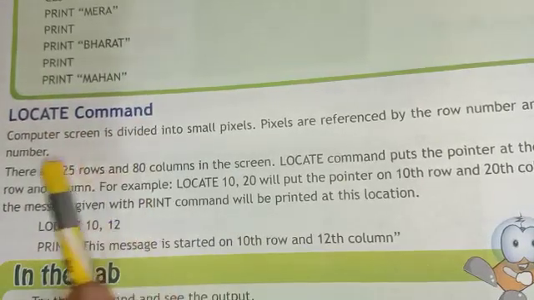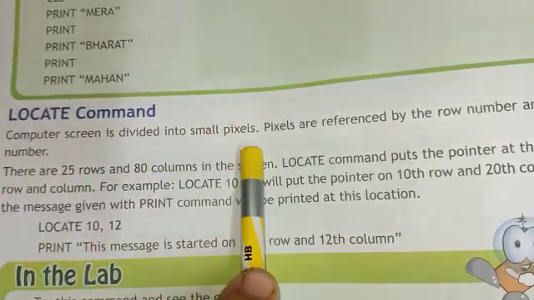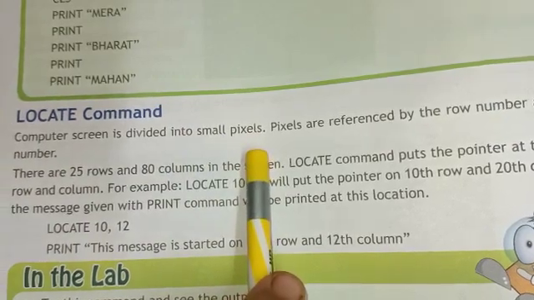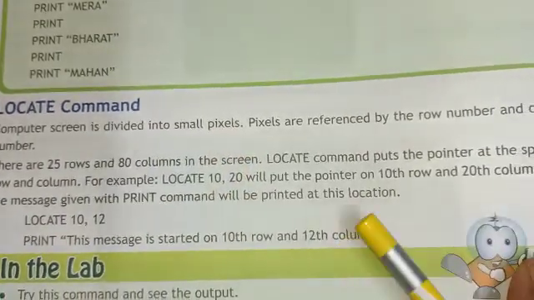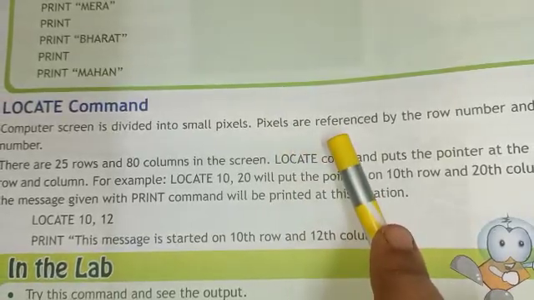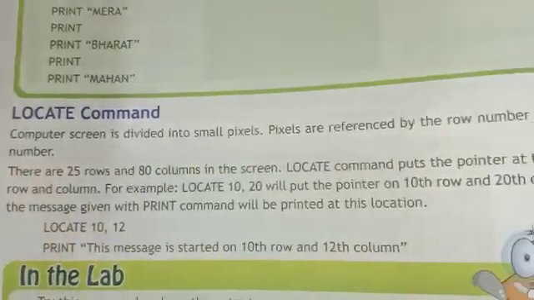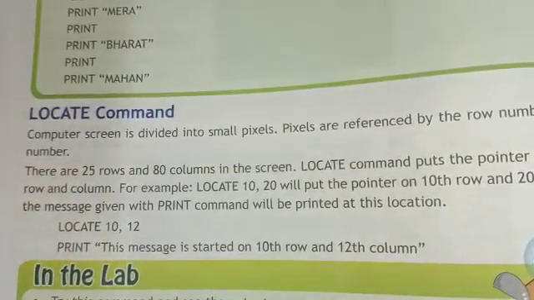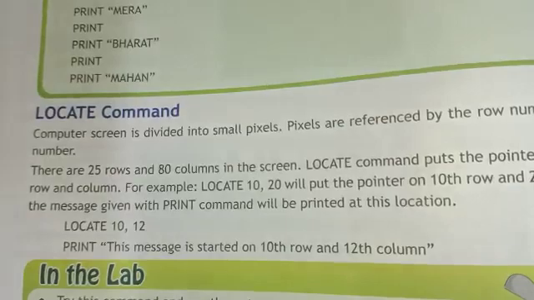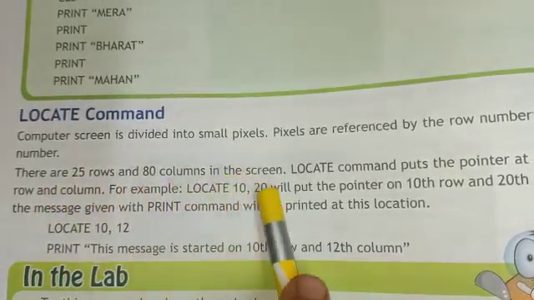Locate command. The computer screen is divided into very small pixels. Pixels are referenced by the row number and the column number. There are 25 rows and 80 columns in the screen.